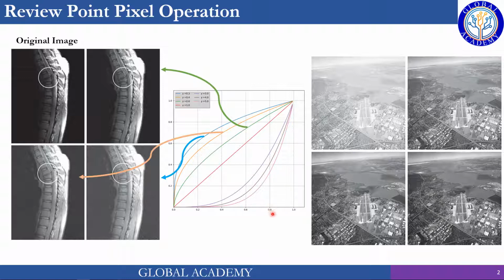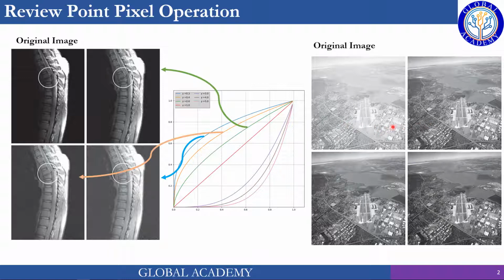So this range is mapped on a wider range of gray levels. So this is like inclusion of more and more darker shades. So if we apply any of these transformations on this image, we will get some darker image.